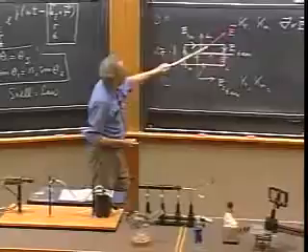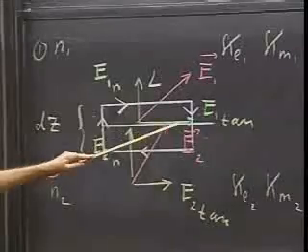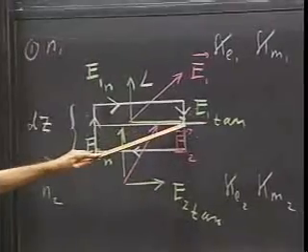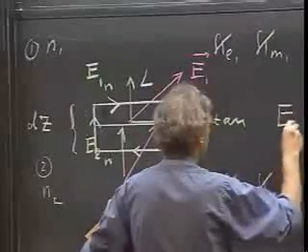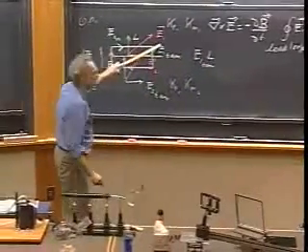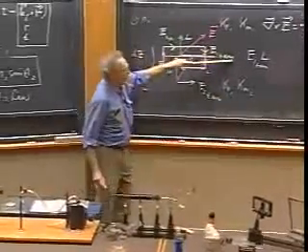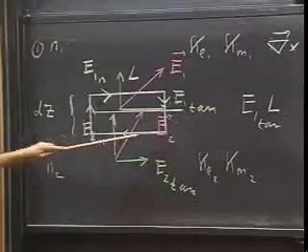And the path from here to here, this component has no effect because it's at 90 degrees. So it's only the horizontal component that I deal with. And so I get that E1 tangential times L, that is in this direction. This is my positive direction of E. But now I go in this direction.